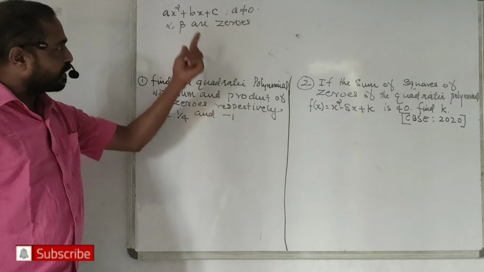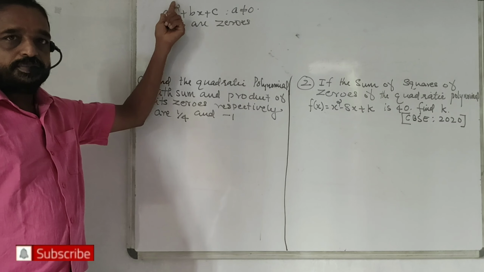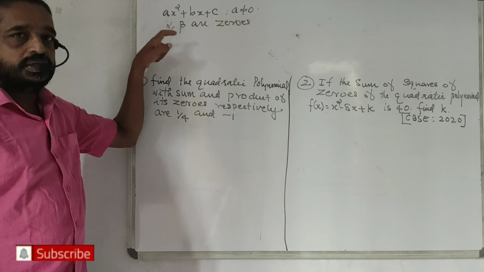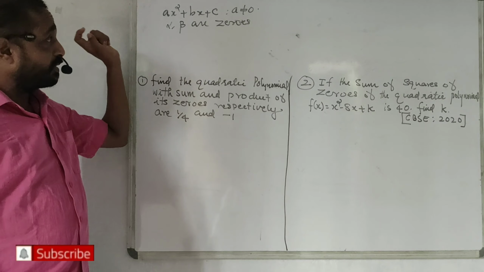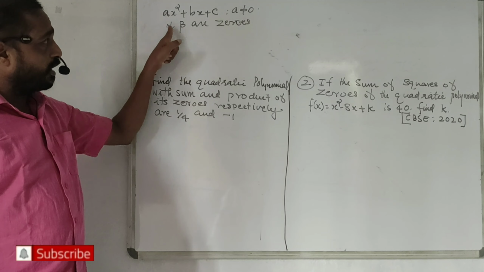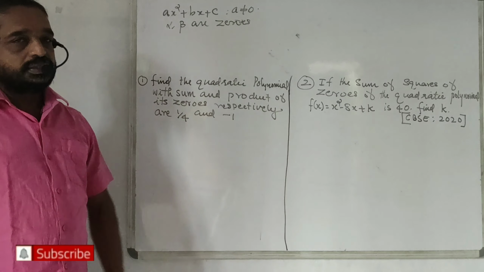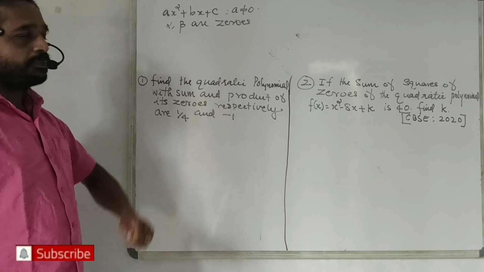A quadratic polynomial is nothing but a second degree polynomial. A second degree polynomial will have how many zeros? 2 zeros are there, alpha and beta. So we are assuming that alpha and beta are the zeros of this quadratic polynomial.